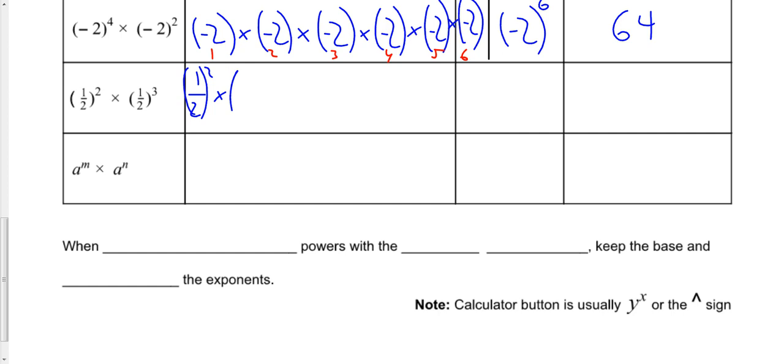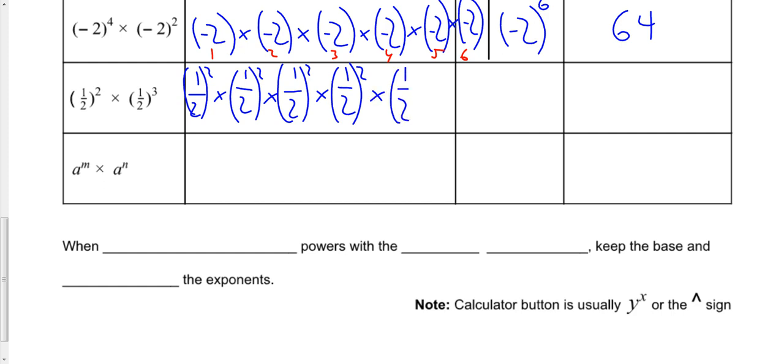Actually, let me go back, because I've written that piece out incorrectly.